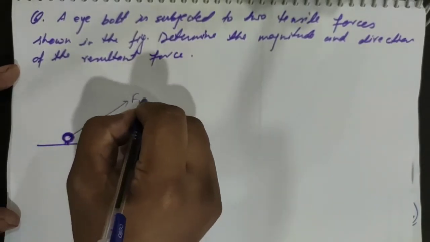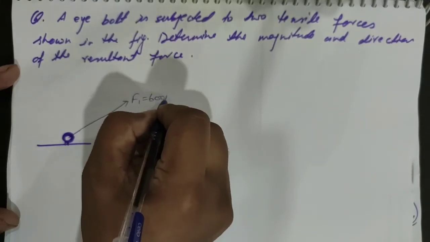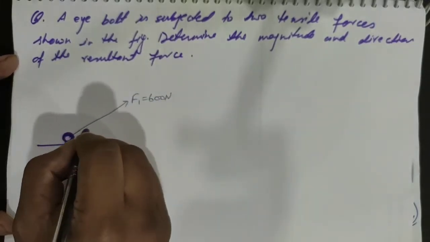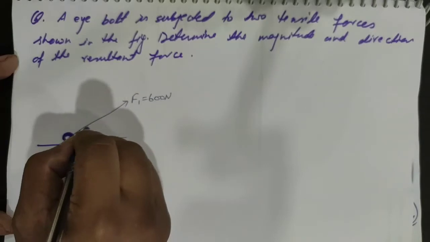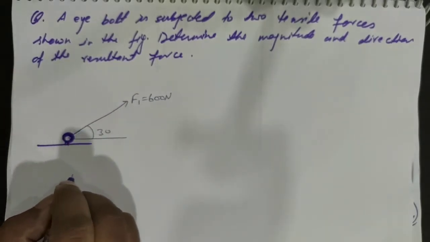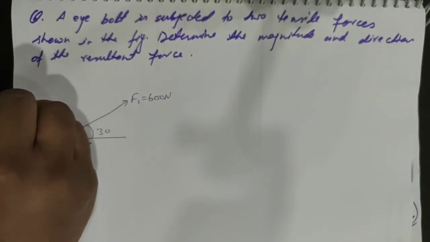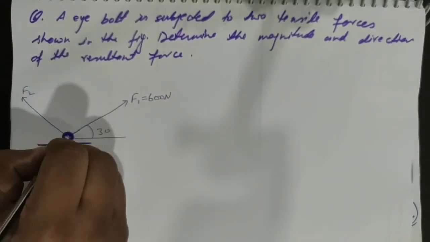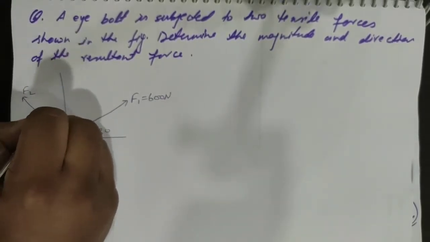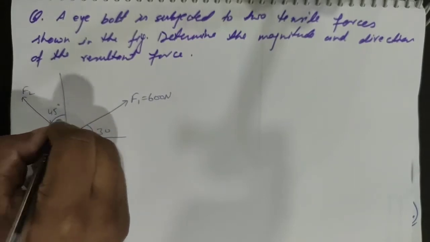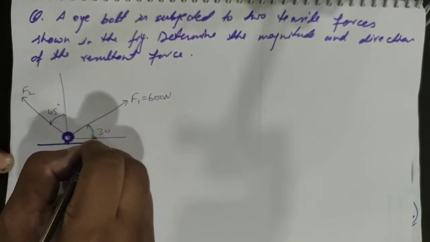One force F1 is 600 Newton, which makes a 30 degree angle with the horizontal axis, and the second force F2 makes a 45 degree angle with the vertical axis.